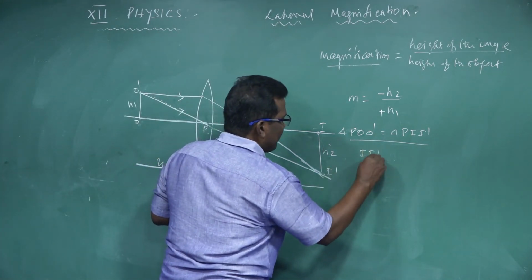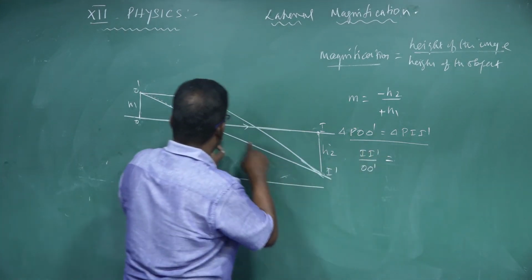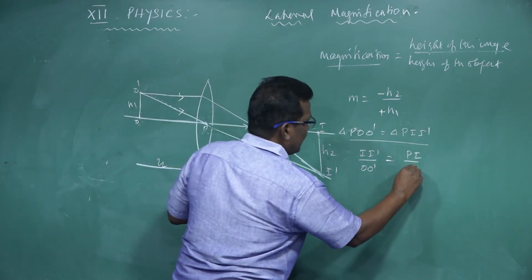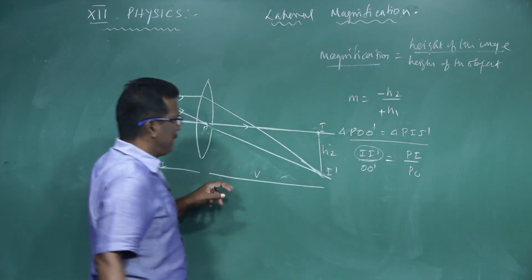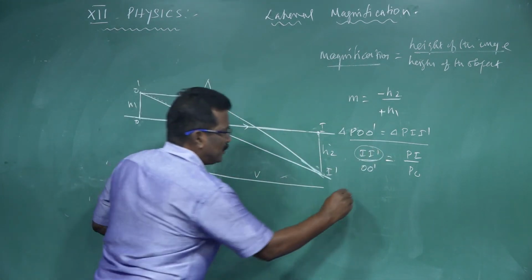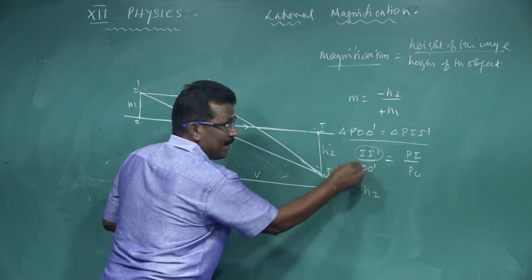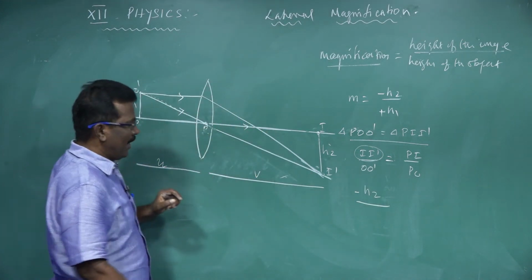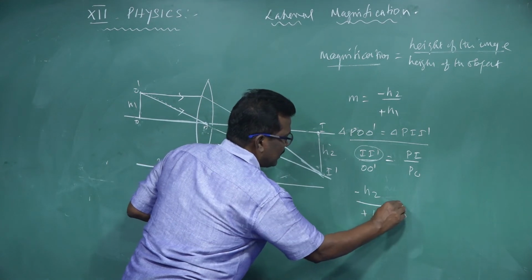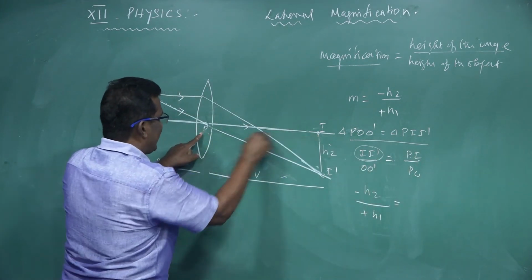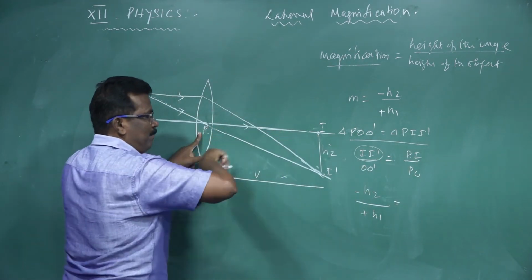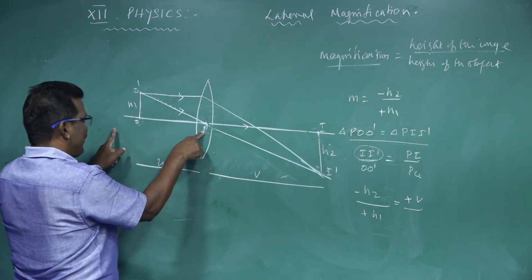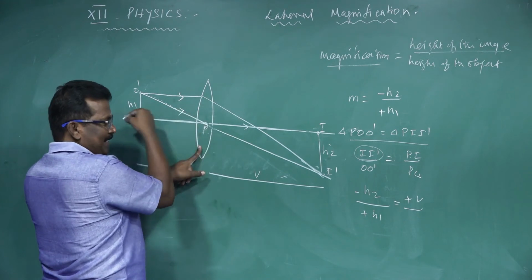So I prime I divided by OO prime is equal to PI divided by PO. What is I prime I? It is h2 but minus. OO prime is h1, plus. PI is the image distance along the positive axis, so plus V. PO we are measuring from the optic center in the opposite direction, so minus U.